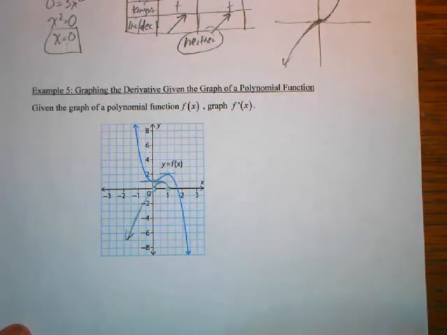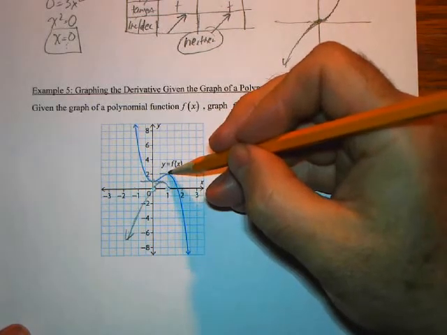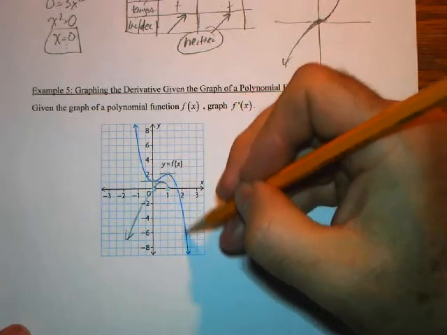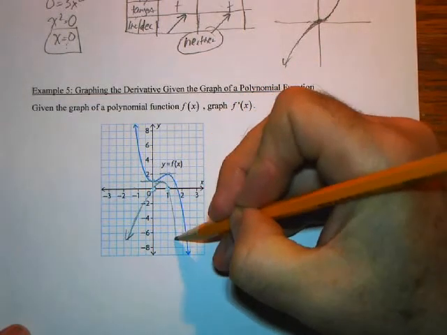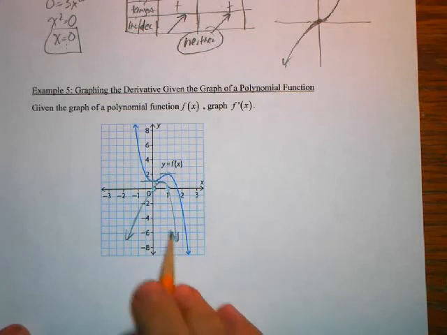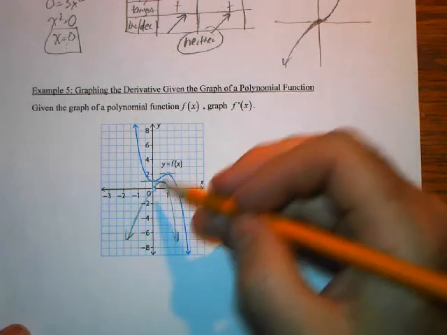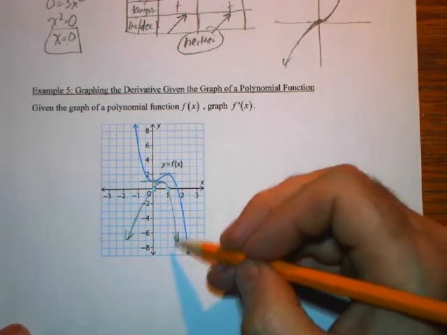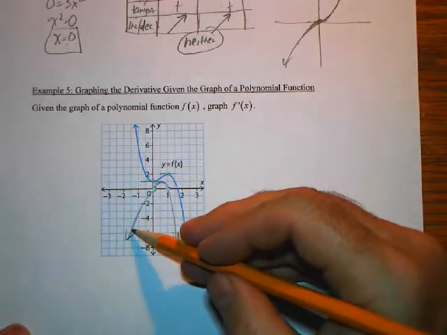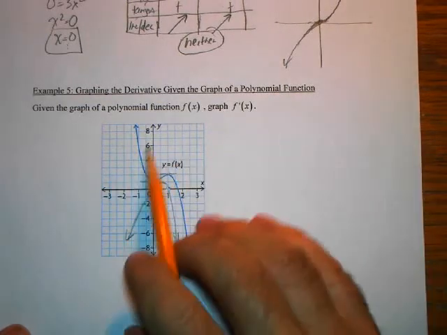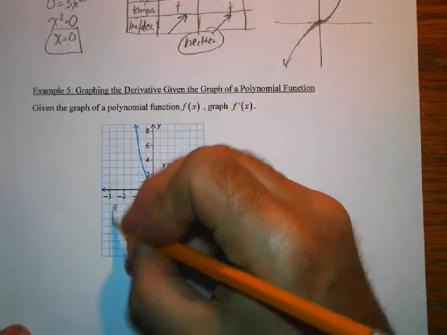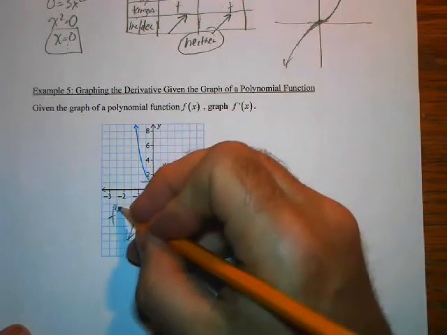And then to the right of x equals 1, it's decreasing again. So the graph of the derivative function will be going down, and you can see this looks very much like a quadratic, and in fact that's what it is. Let me put the name of the graph.